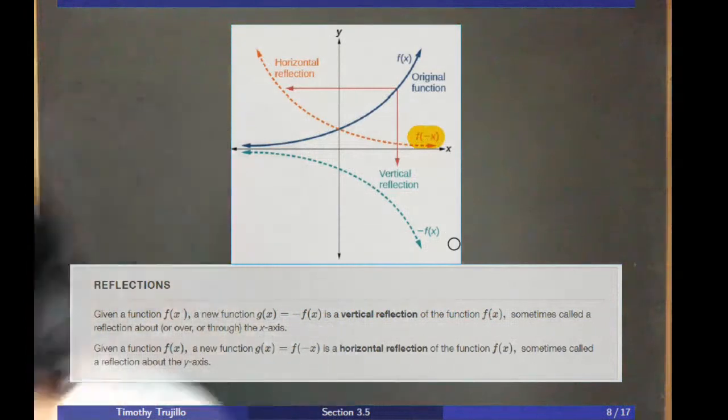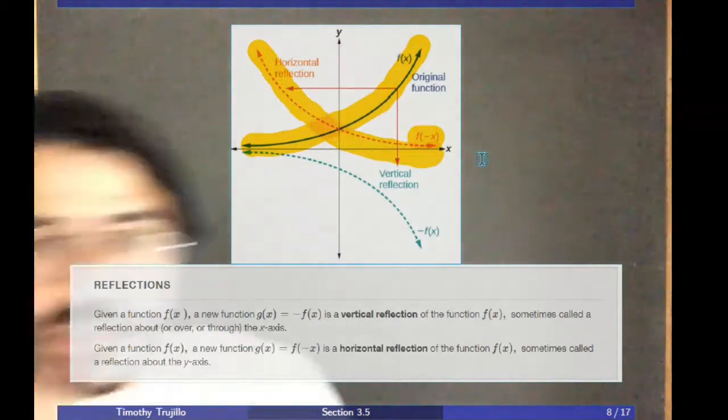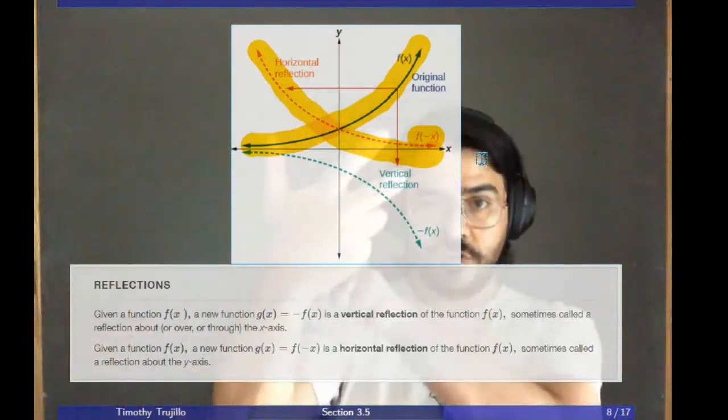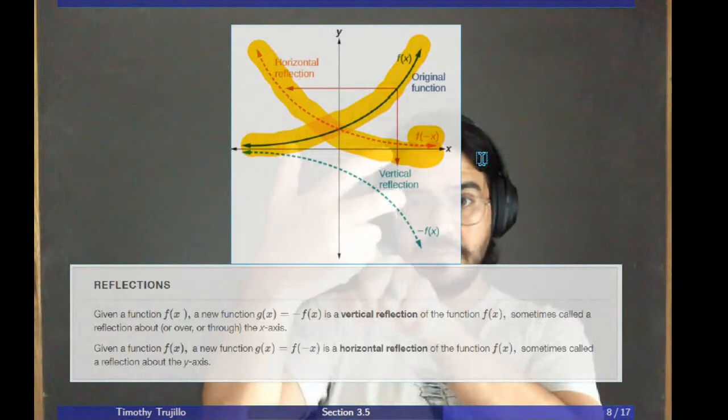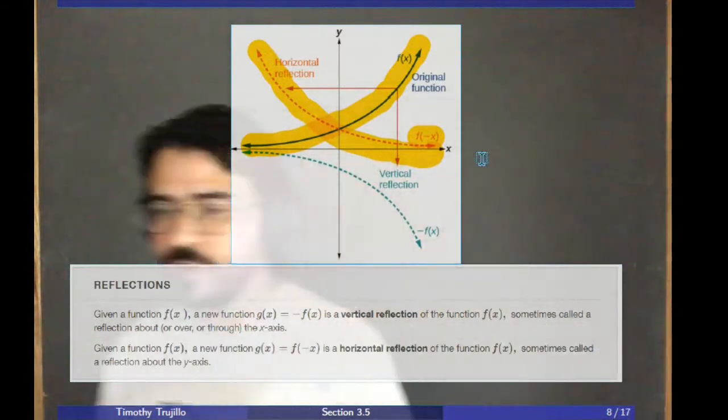Okay, so we start off with our function in blue here, and if we replace x with negative x, then we reflect across the y-axis. And it's just like what I was telling you, right? So if I started out at the point 1, 2, and I replace the 1 with negative 1, then I go right across the y-axis, right?